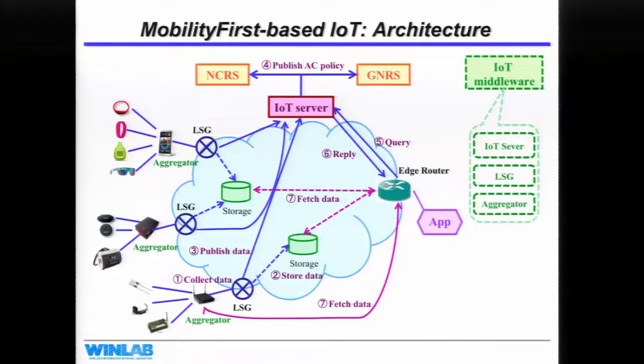This architecture design takes advantage of the MobilityFirst infrastructure, especially the GeoID and the service layer. The use of GeoID facilitates device and data retrieval. However, that also brings a new problem.